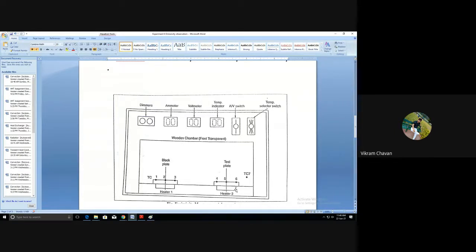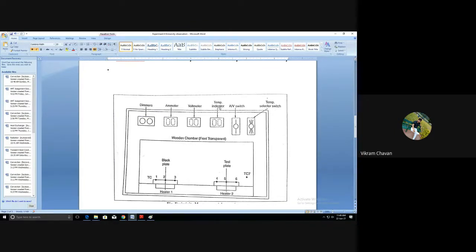And how do we check how much heat input or energy is provided to these two plates? To get the heat supply to the heater, we require the ammeter and voltmeter. The ammeter will provide the current reading, and the voltmeter will provide the voltage reading.